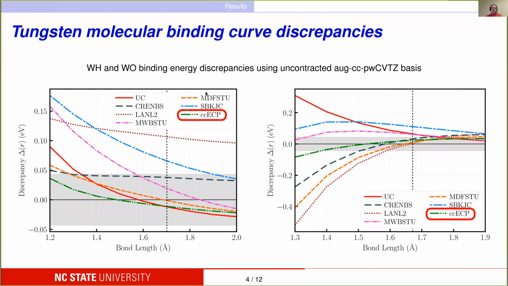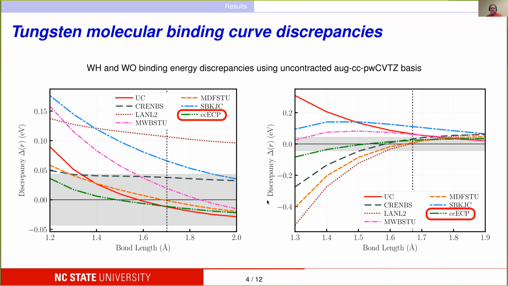Here are the tungsten molecular binding curve discrepancies. The left is the tungsten hydride, on the right is the tungsten oxide, and these are the discrepancies with regard to the all-electron. These are, again, coupled cluster singles, doubles, and perturbative triples numbers that we're comparing against.